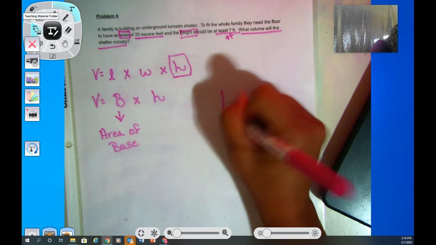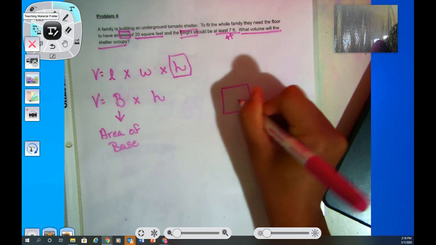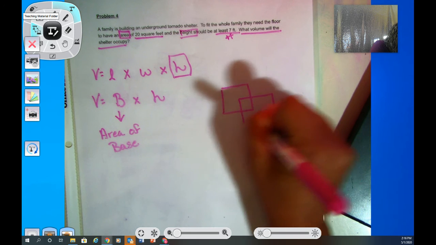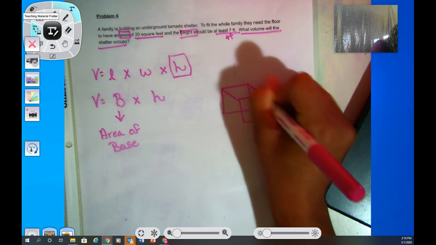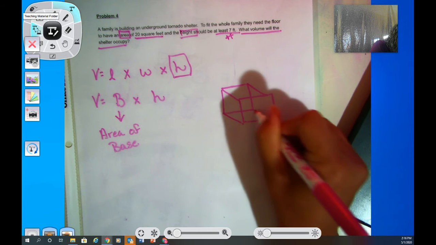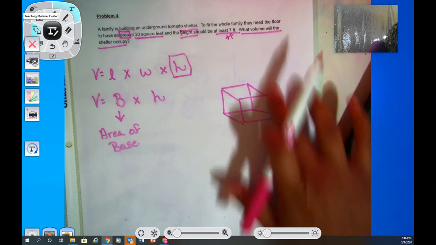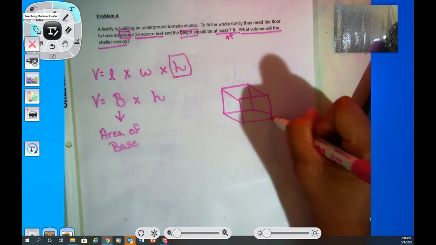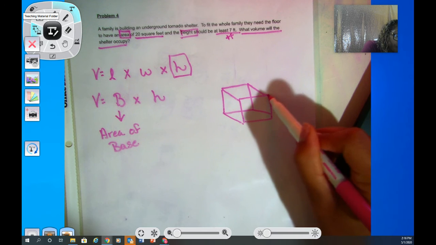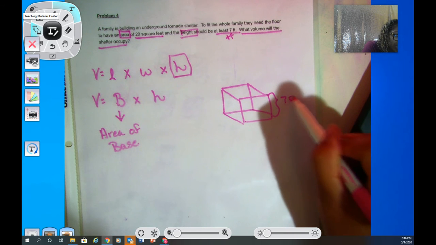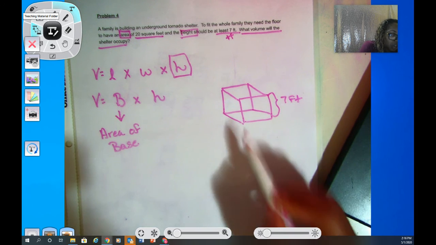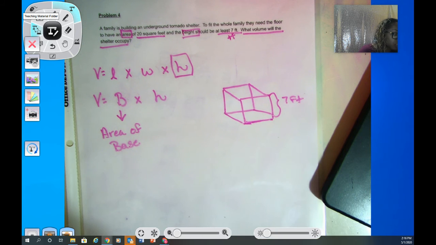Well, let's draw this out. We're talking about a 3-dimensional figure because it has height, and that's that 3rd dimension. All right, so I know for certain that my height is 7 feet, but they're talking about this area. So what do they mean?